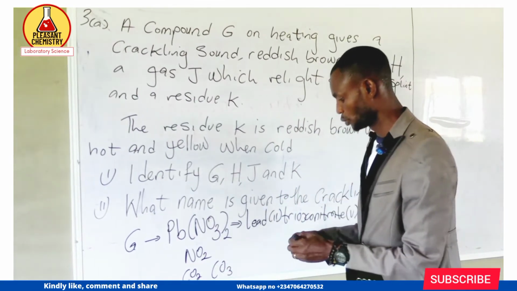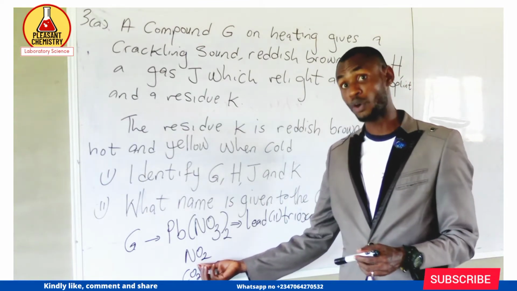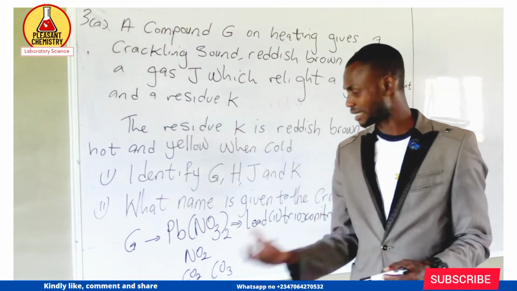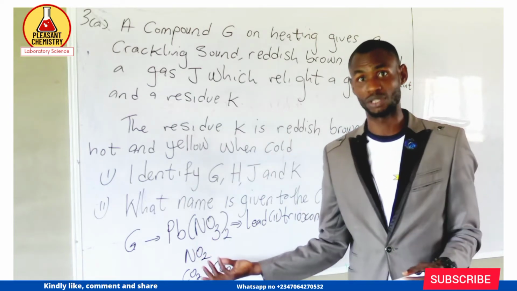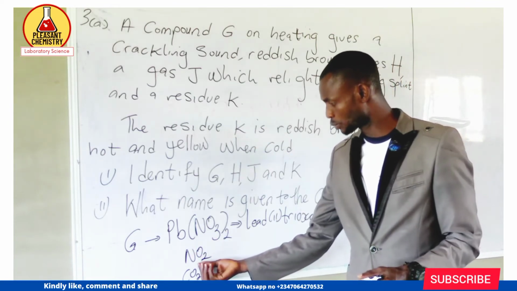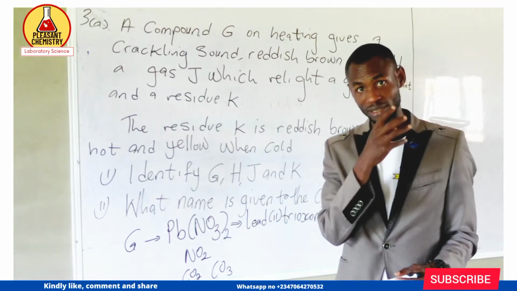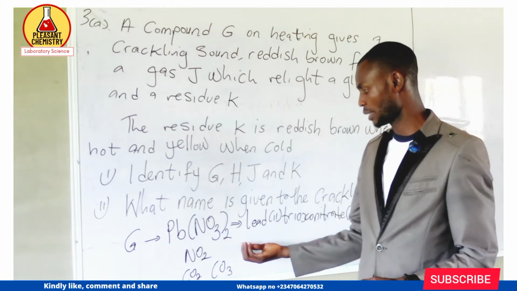This NO2, nitrogen(IV) oxide, is a brown gas. Out of all the gases that we have, only one is brownish, and that makes me quickly say that the salt is Pb(NO3)2.